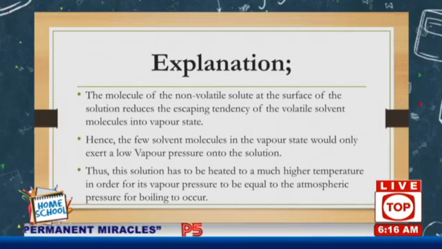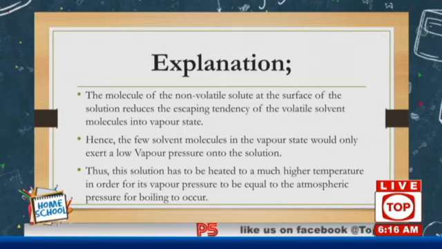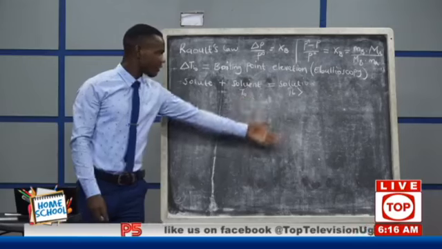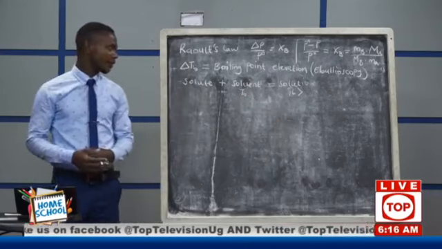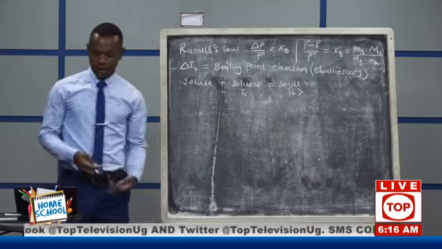Here, the boiling point increases. If it is 100 here, that side will be 120, 130 or something like that, but higher than 100.